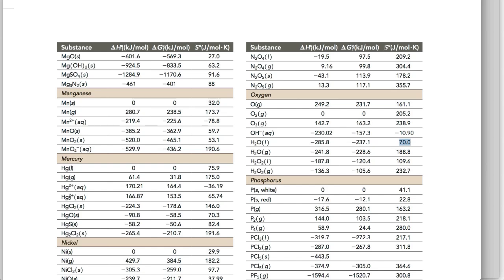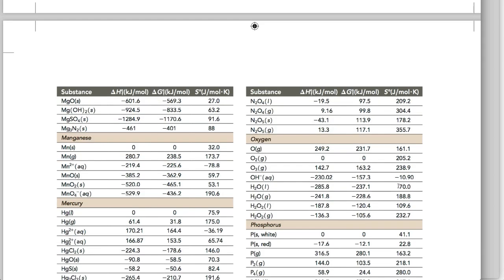The third column refers to standard entropy levels, and we're looking at this row for liquid water. Make sure that you don't look at the row for gaseous water or for H2O2 liquid. Notice that we don't find the H2O under hydrogen. Instead, we find the H2O under oxygen.